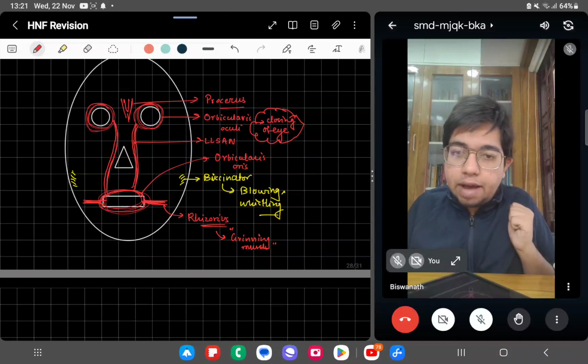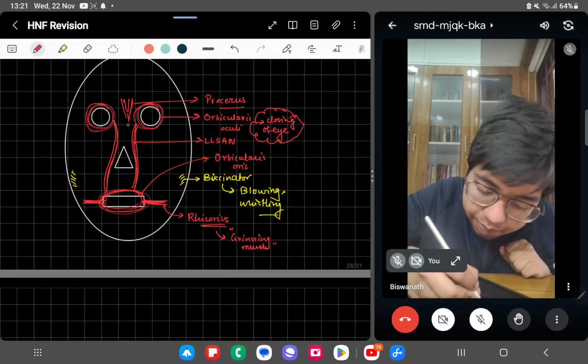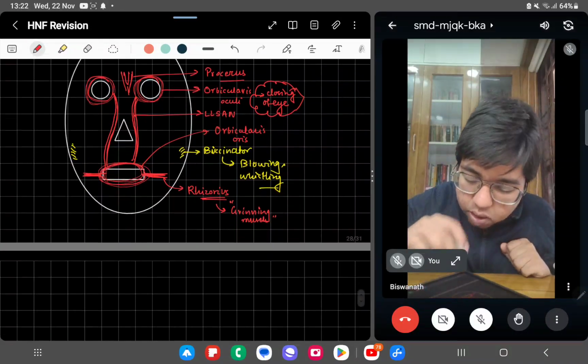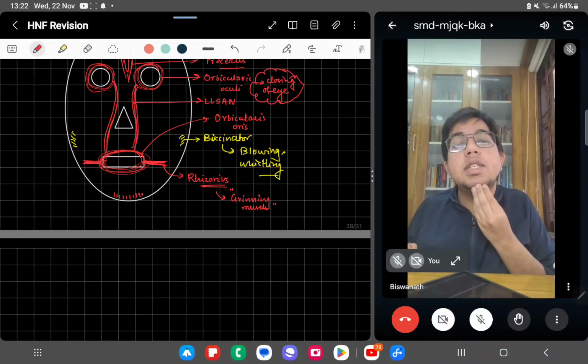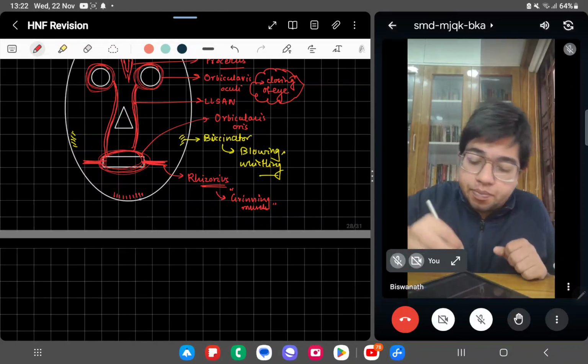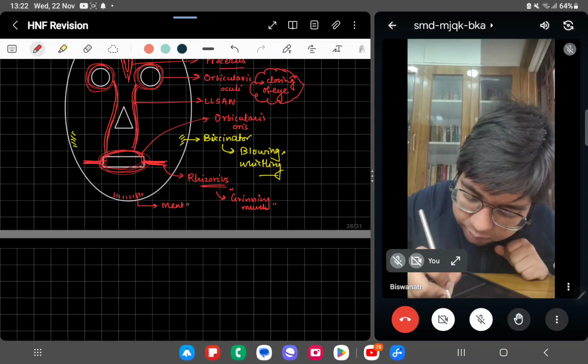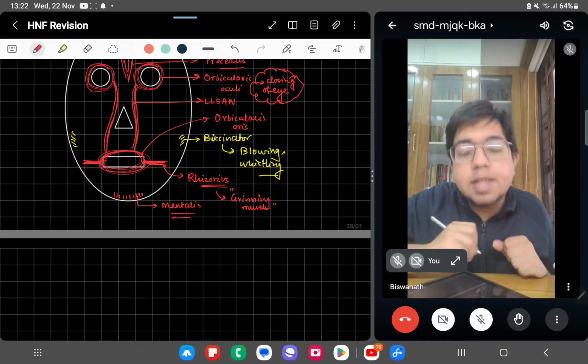Then another muscle present in the face, let's draw. Here is a muscle present in the chin. This is called your mentalis. What is this mentalis doing?